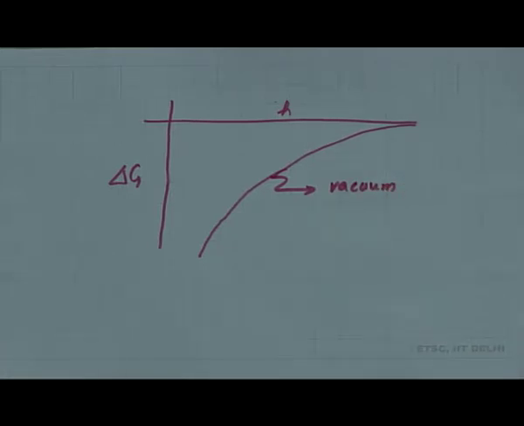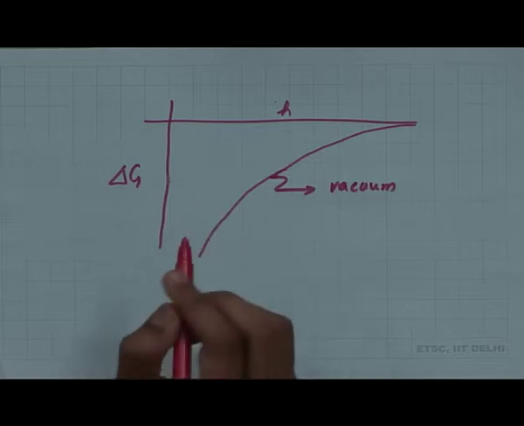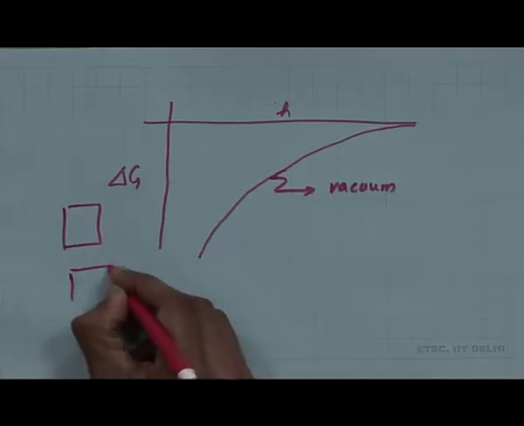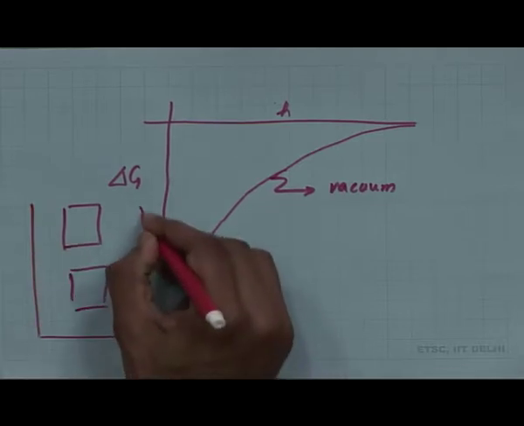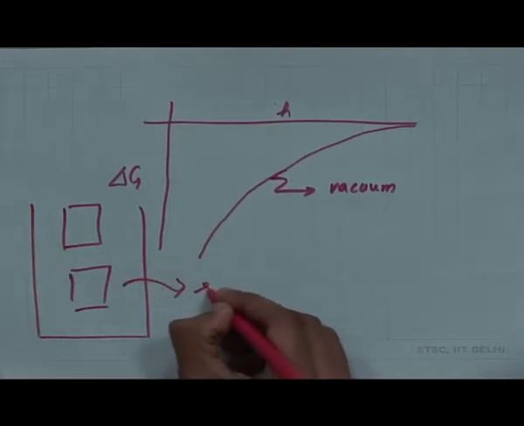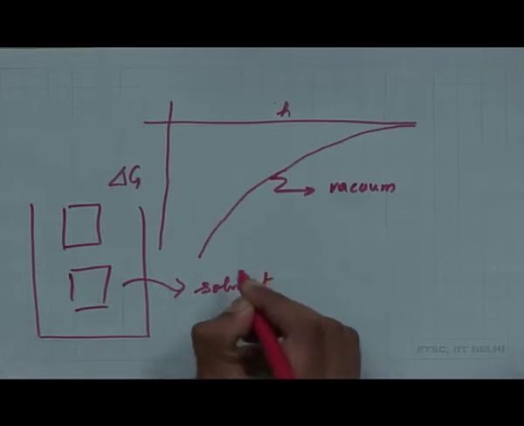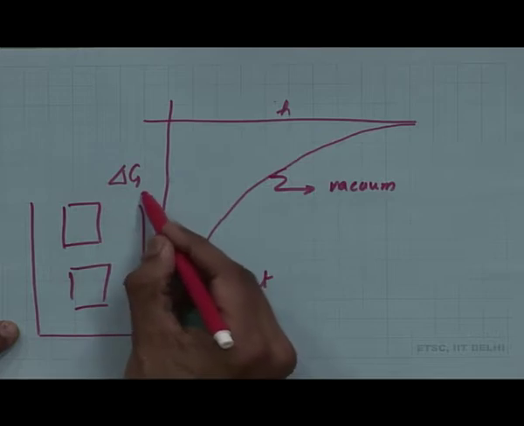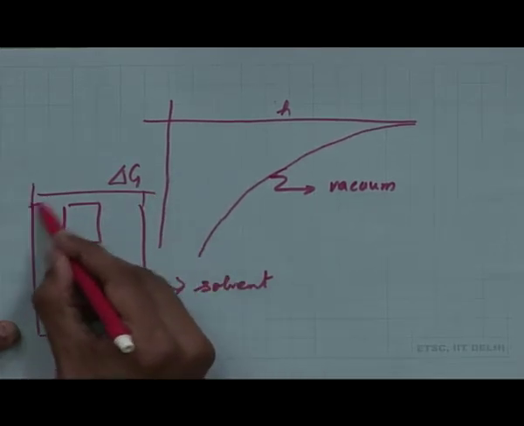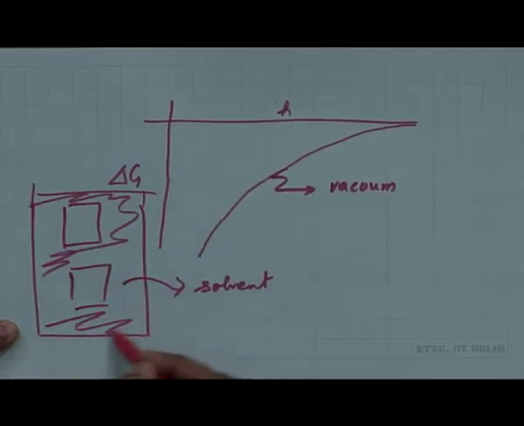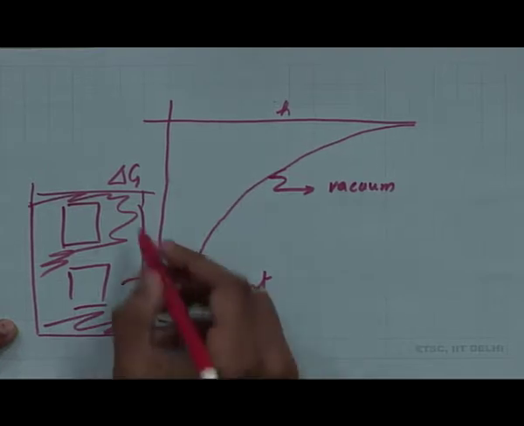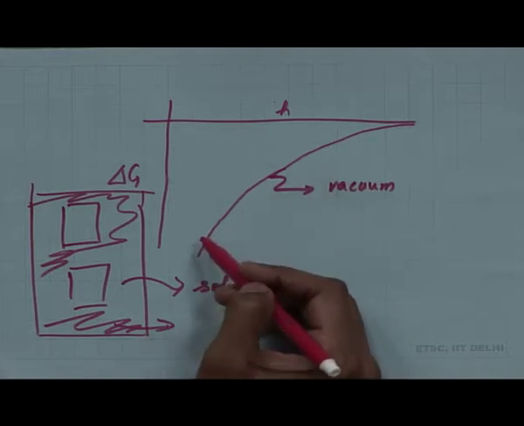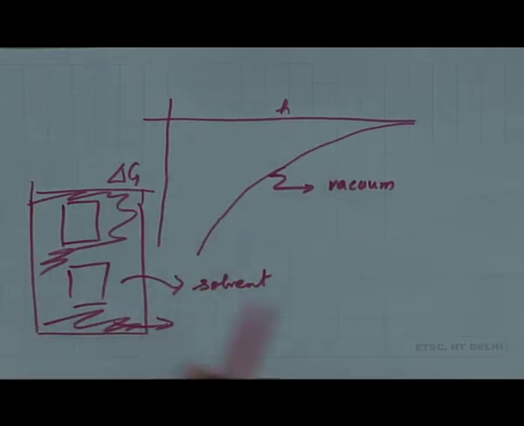If I put this into a medium, which we need to consider, because the typical situation is that we have colloidal particles and a solvent, let us say water, we need to consider the effect of this medium on the work done when these two particles come together.